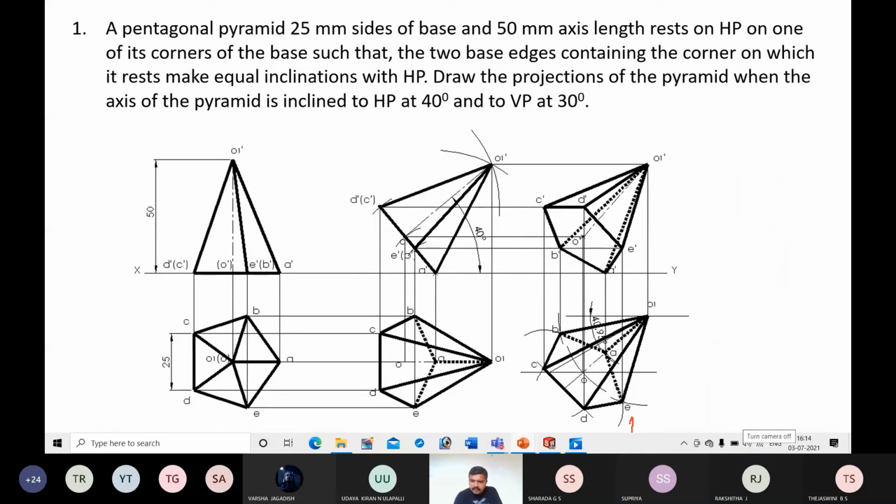Now compared to apex and base, this is the base. Base is nearer to observer compared to apex. If base is nearer to observer than apex, then base will become visible. So that's why all base edges should be continuous lines.